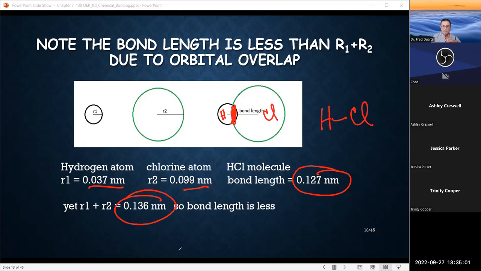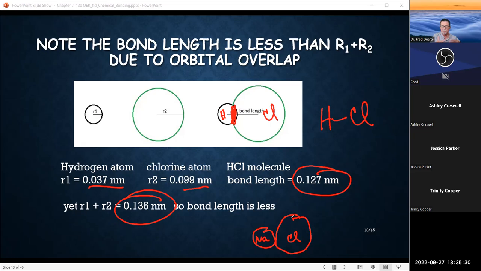And because this is an example of a covalent bond. With an ionic bond, there wouldn't be any overlap. It would just simply be, as I was trying to draw, no overlap at all. If this was, let's say, sodium and this was the chloride, they would just be right up against each other, but be no overlap.